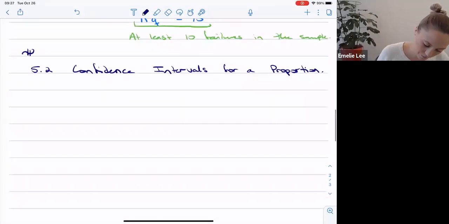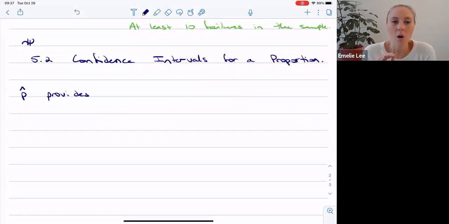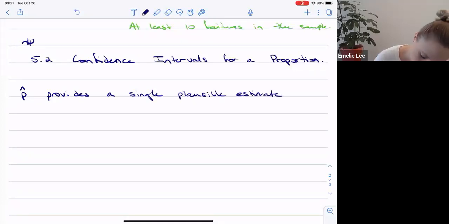Okay, and so p hat provides a single plausible estimate, right? Or a point estimate provides a single plausible estimate, and we'll call it a point estimate.